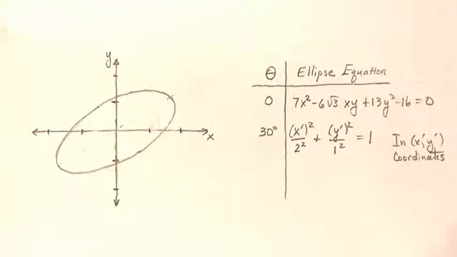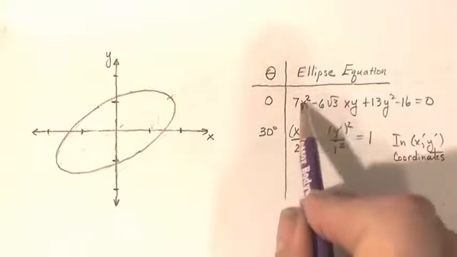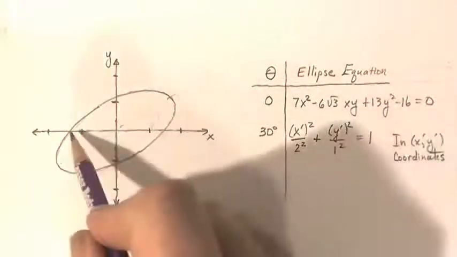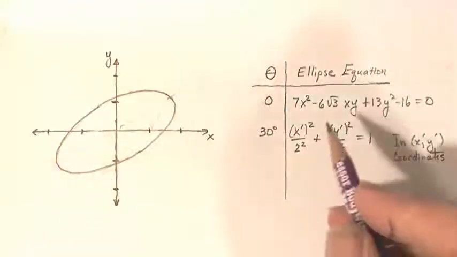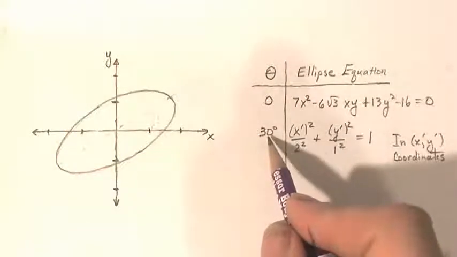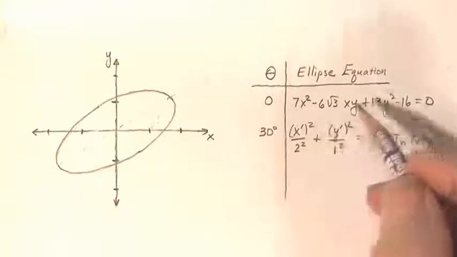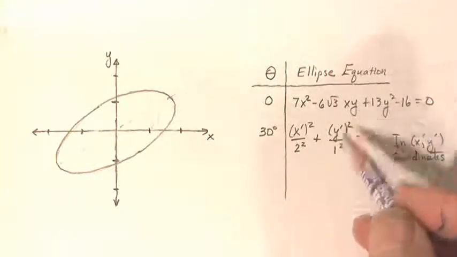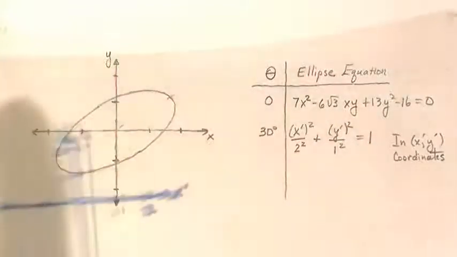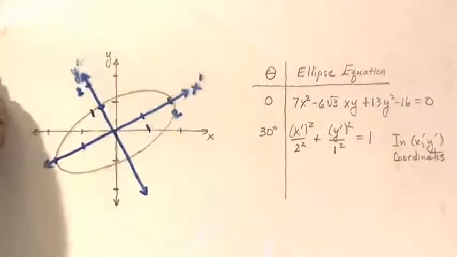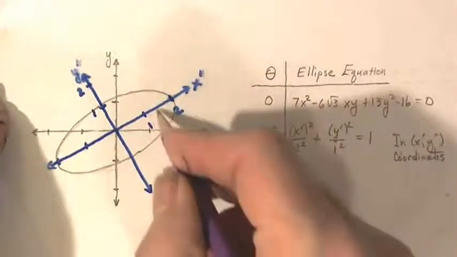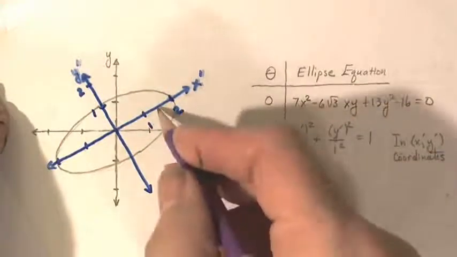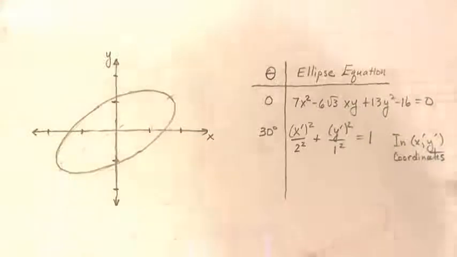Now comes the hard part. If we were given this equation, and even if we were given this picture, how would we really know that this angle had to be 30 degrees? And how would we get from here to here? I mean, we could lay this on the picture like this, but we couldn't really be sure that this was 29 or 30 or 31.